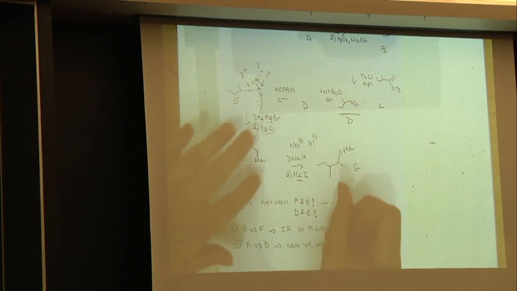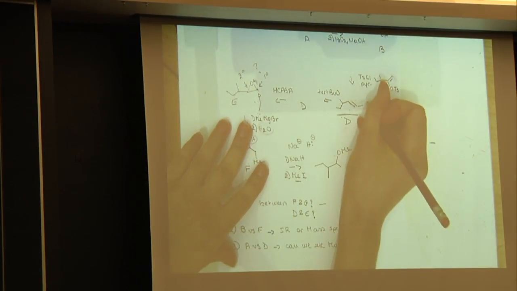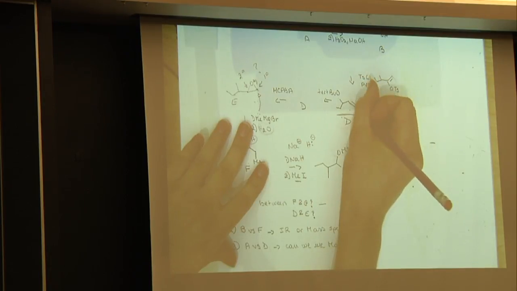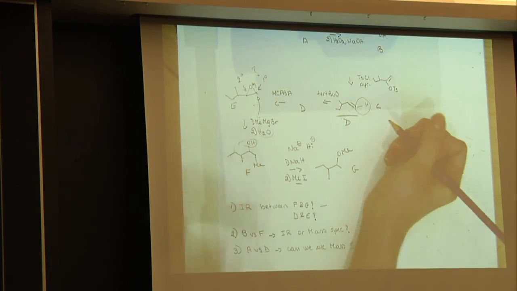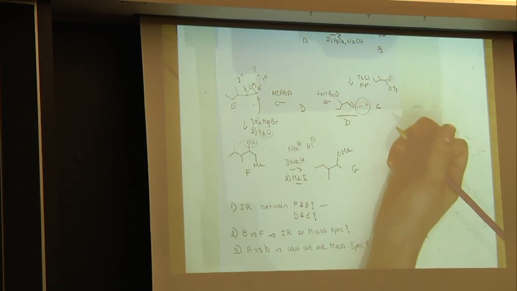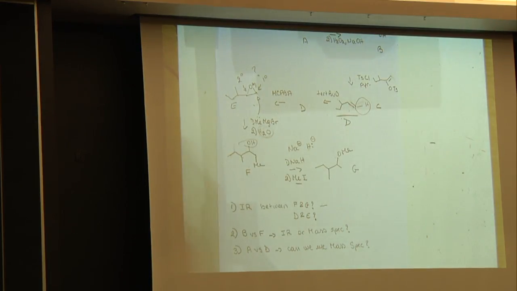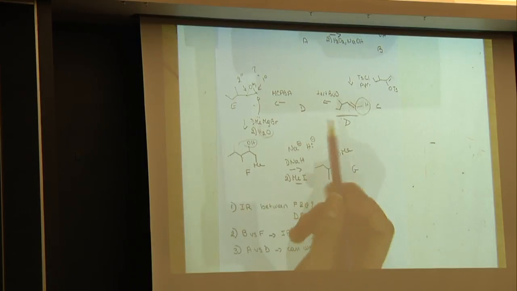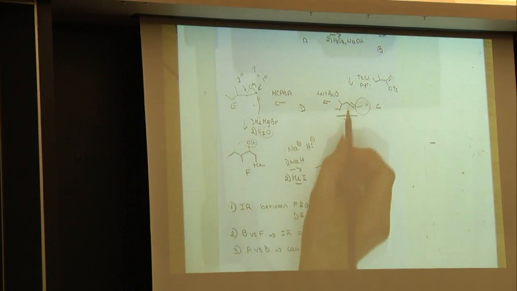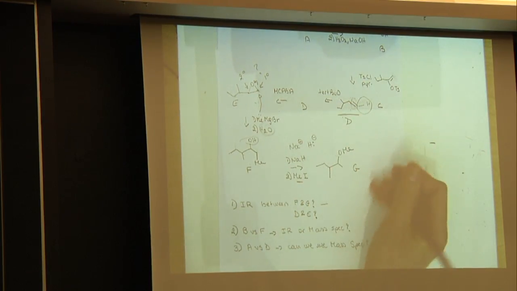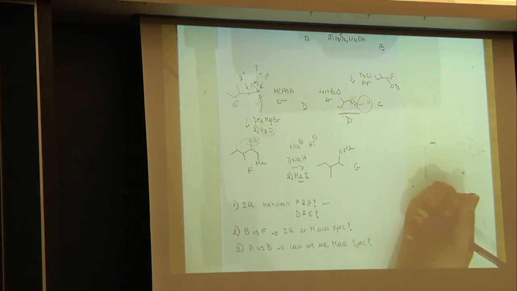Yeah, perfect. I'm going to have a bond here between an sp2 carbon and a hydrogen. That's going to appear at about 3,100 inverse centimeters. And also for this one, I'm going to have a C double bond C at about 1650.